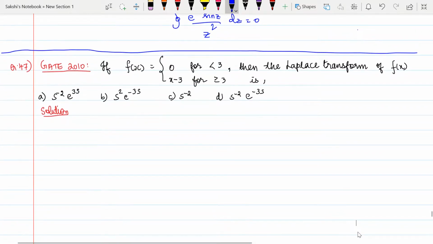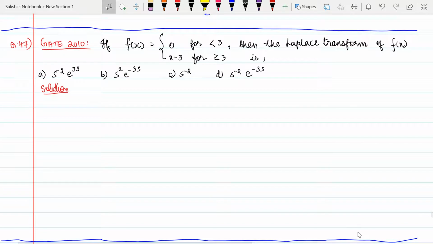Let us see the seventh question from Laplace transform. Here, even if you don't know any important identities or properties of Laplace transform, the only thing you have to remember is the first basic definition of Laplace transform, how to find any Laplace transform. If you remember that, it will be very easy for you to answer these questions.